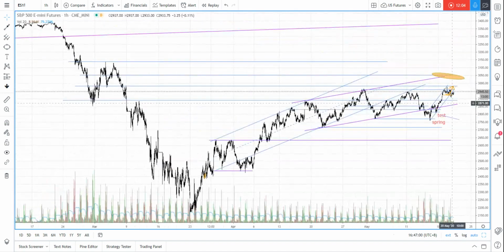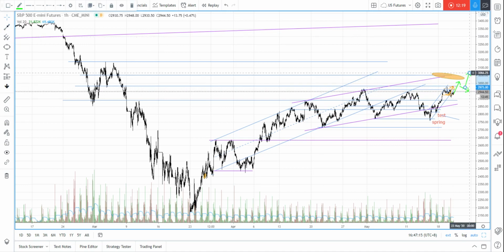So going forward, I expect some kind of continuation up, followed by a pullback, maybe something like this, go up and back up and continue to go higher. All right, so that's my view going forward.